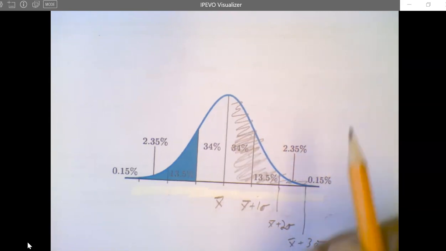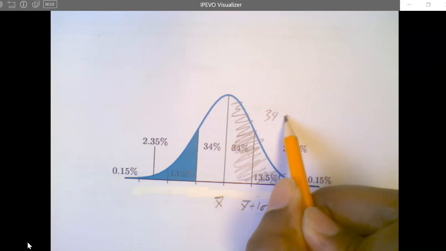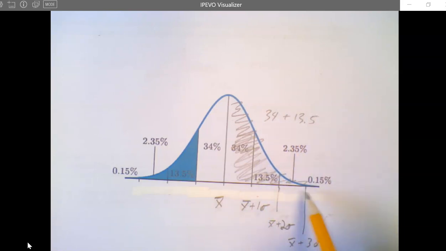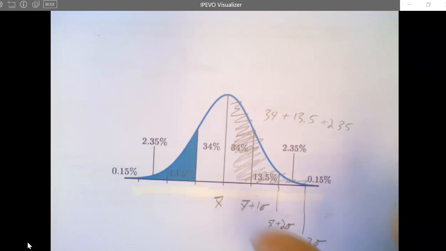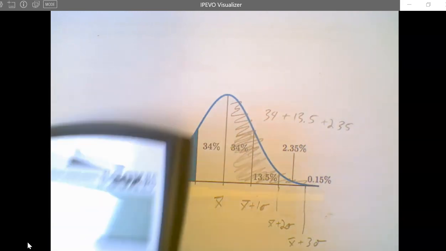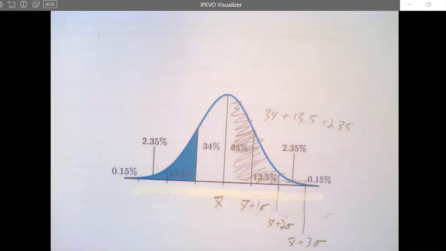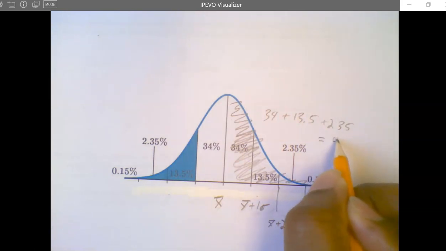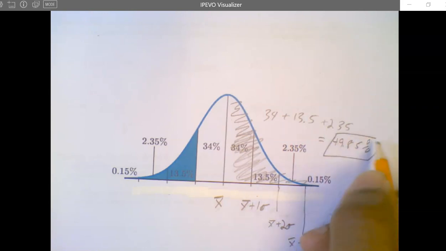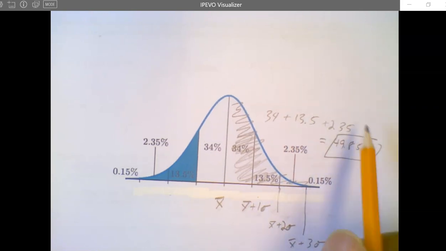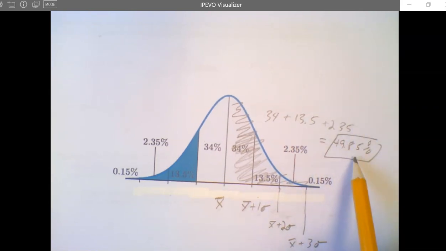So we're going to add up 34% plus 13.5% plus 2.35%. If you add those, it adds up to 49.85%. So that probability is a 49.85% chance of that actually happening.